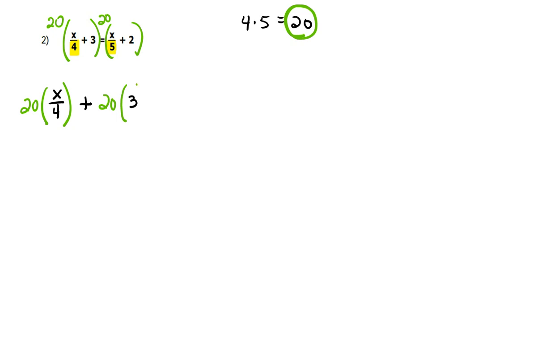Those are the two terms on the left side of the equal sign, right? I took 20 times that and 20 times this. And now I'm going to do 20 times the x over 5 and 20 times the 2.